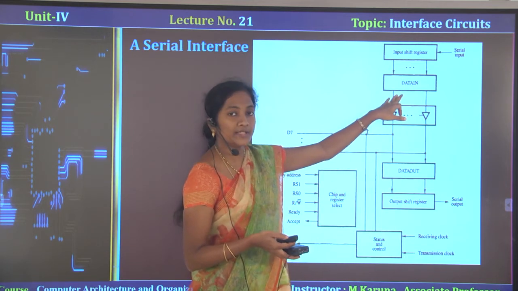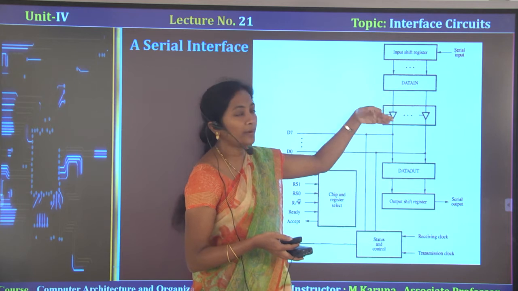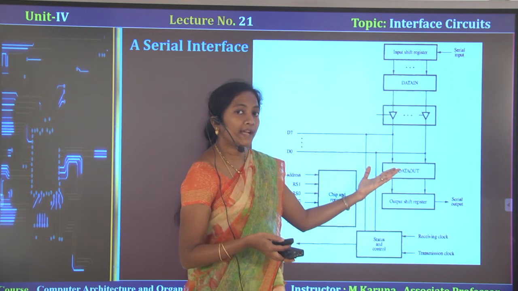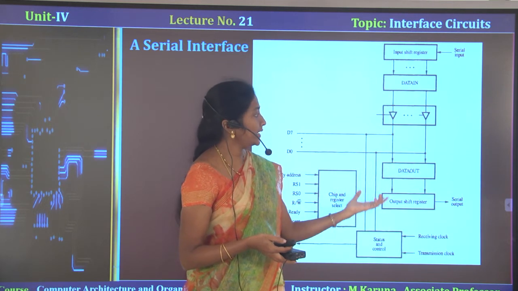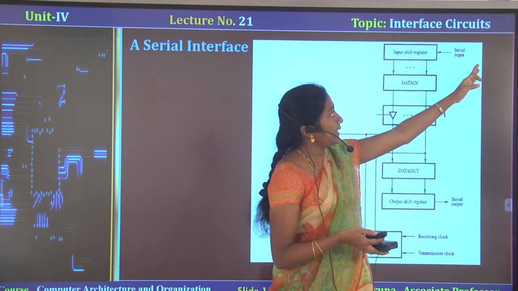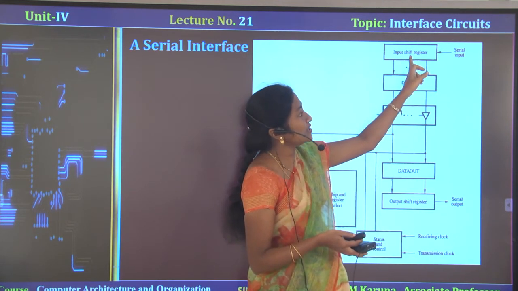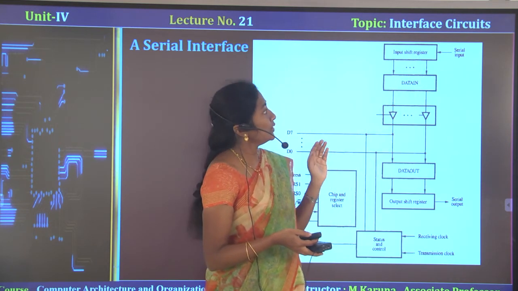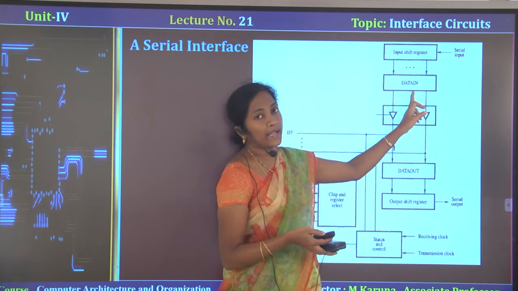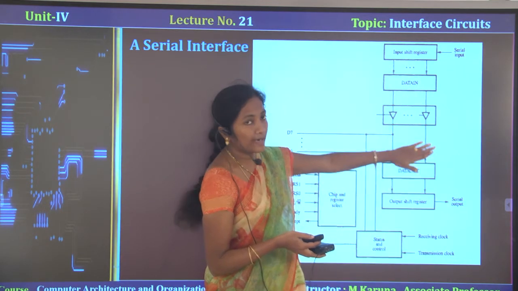The data in register is used for accessing data from the keyboard or from the outside world. The data out register is used by the processor to send data to the outside world. Whenever data comes from the outside world in serial fashion, the input shift register converts those serial bits to parallel bits, because the data in and data out registers perform parallel operation.